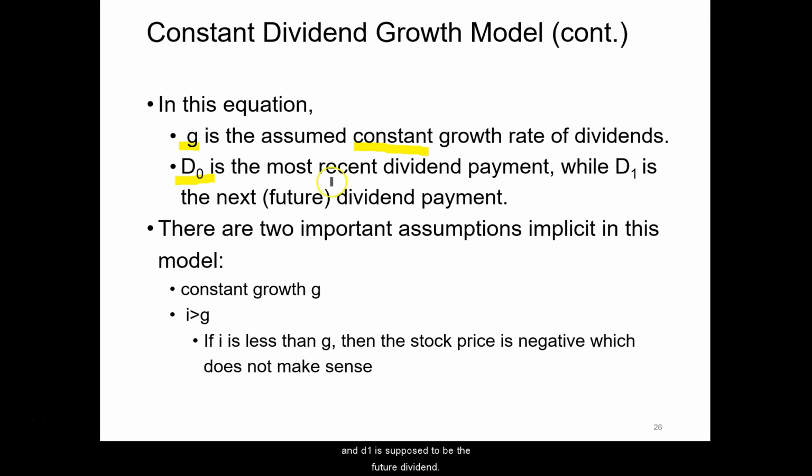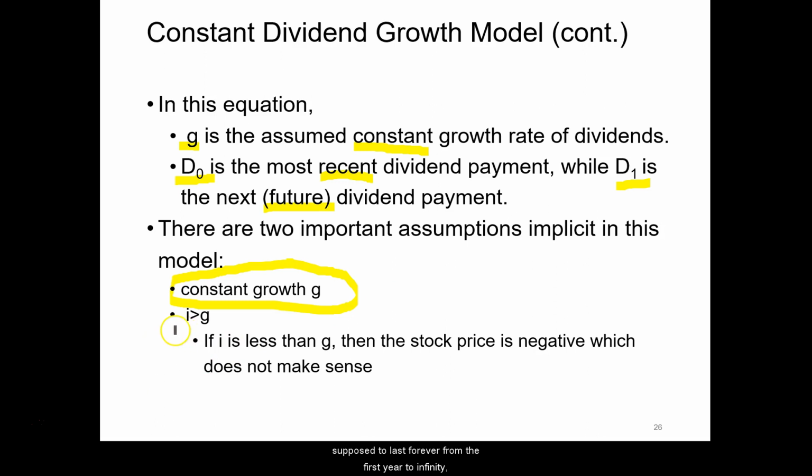So anyway, recently paid. And D1 is supposed to be the future dividend. That will be the dividend that's supposed to be paid at the end of the first year, 1 year from today. For the constant dividend growth model to work, as we mentioned, constant growth rate that is supposed to last forever from the first year to infinity.